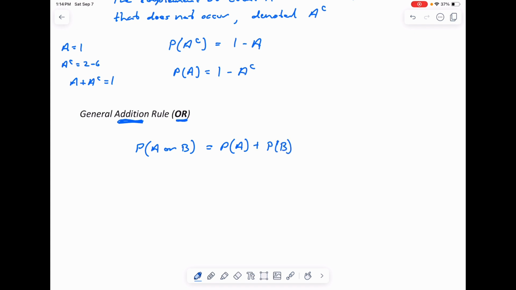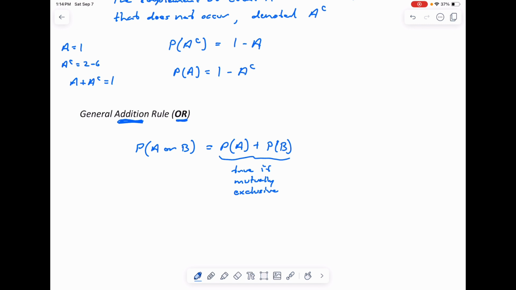Now, this would be true if they were mutually exclusive. But if they're not mutually exclusive, it means that A and B can happen at the same time.